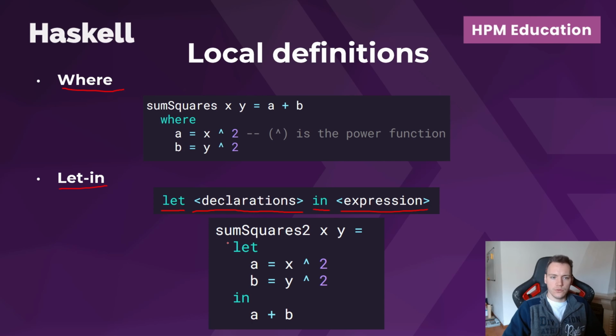So if we want to write the same function sumSquares using the let-in syntax, we could say sumSquares x y, the arguments x and y, is equal to, let a and b be defined here, in the expression a plus b.